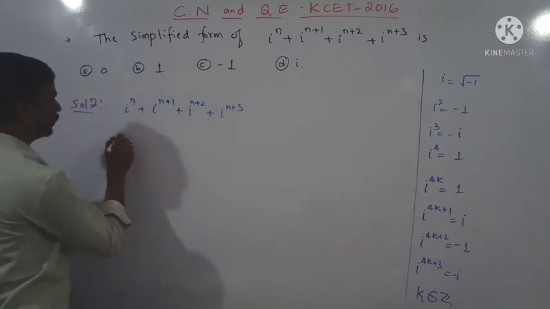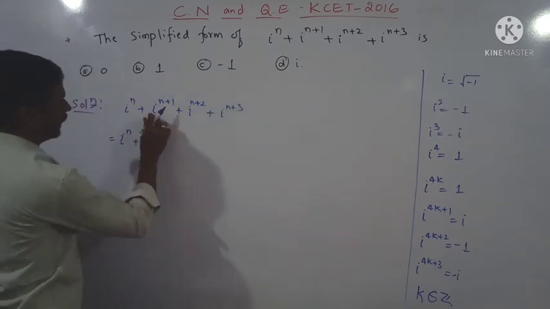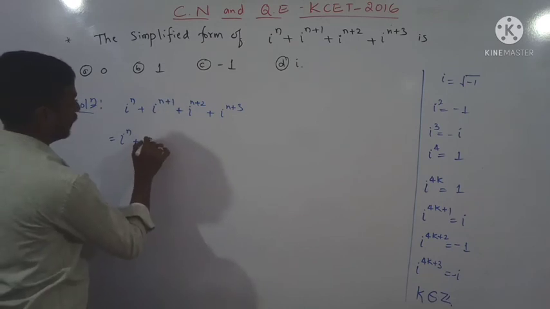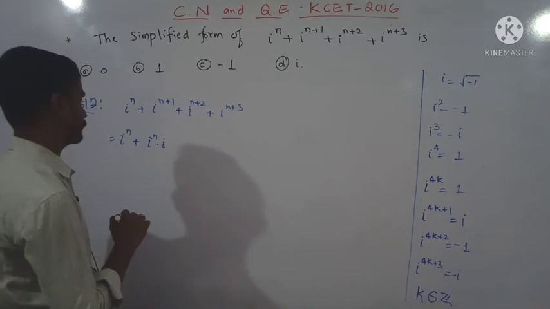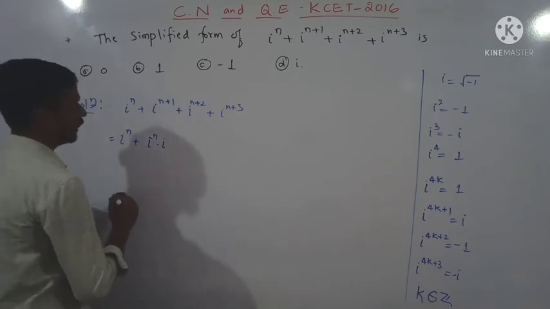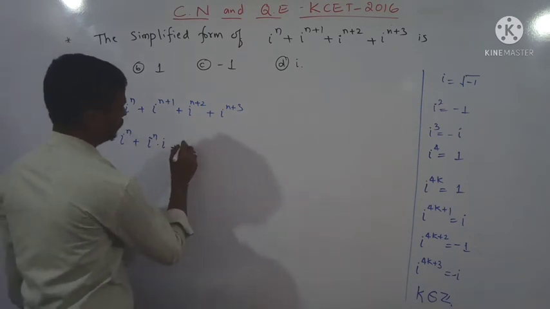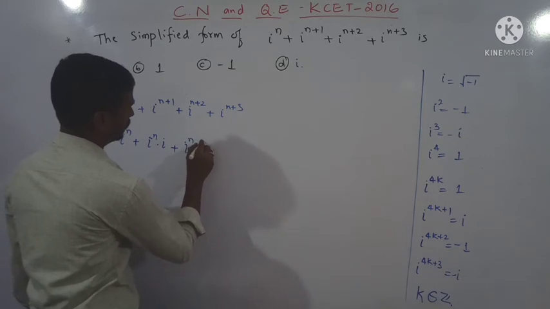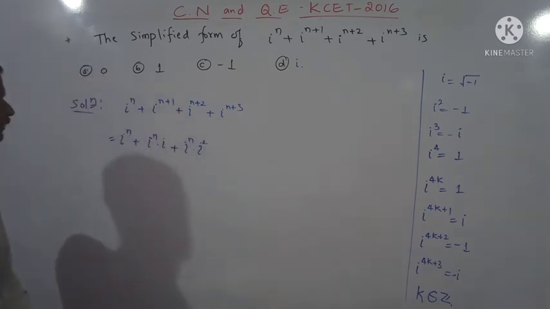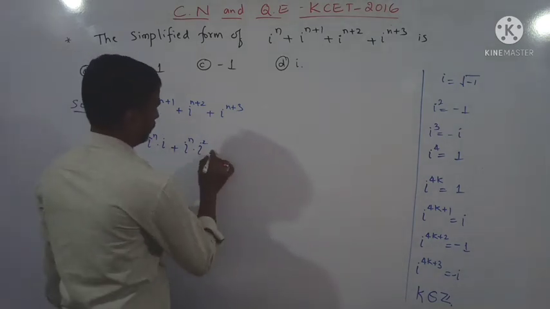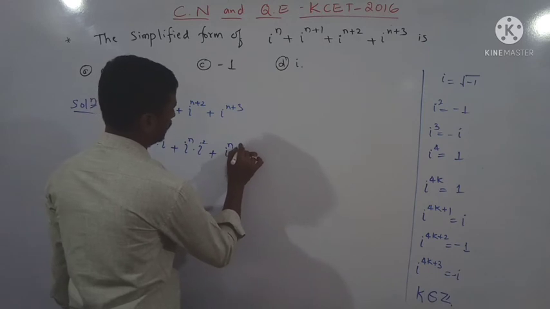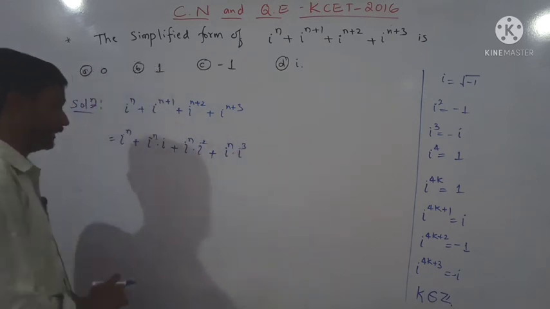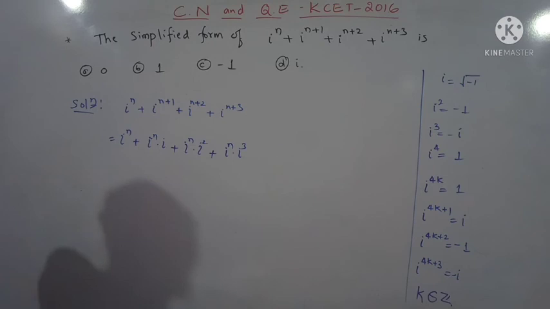This is equal to i to the power of n plus i to the power of n plus 1, which I write as i to the power of n into i, plus i to the power of n plus 2, which I write as i to the power of n into i square, plus i to the power of n plus 3, which I write as i to the power of n into i cube.